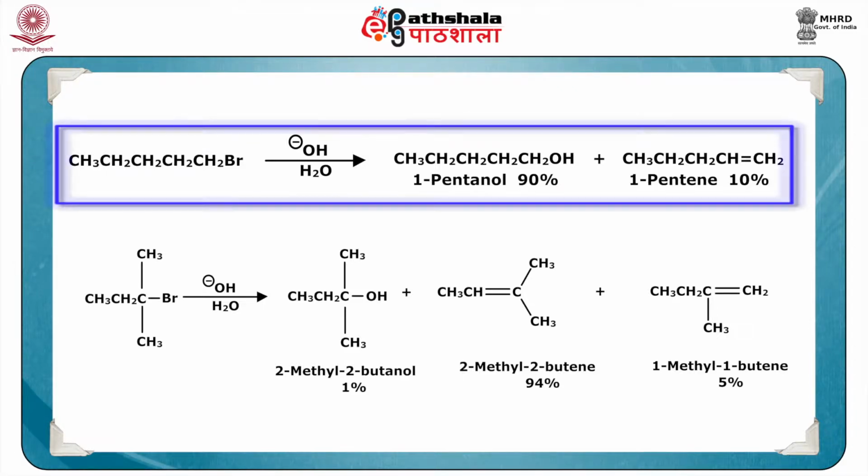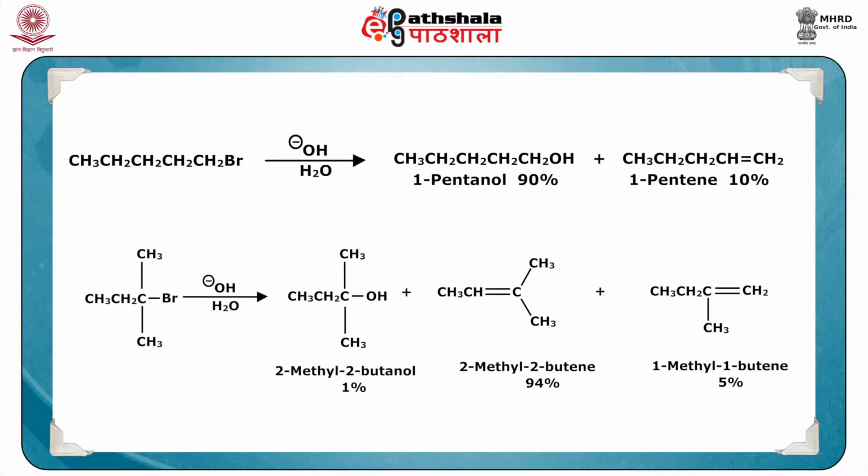Notice that in this equation, when this normal pentyl bromide is reacted with aqueous OH minus, there is a formation of 1-pentanol, which is 90%, and 1-pentene, 10%. And you can notice 1-pentanol is the substituted product and 1-pentene is the eliminated product. So, the substitution product is dominating in this medium.